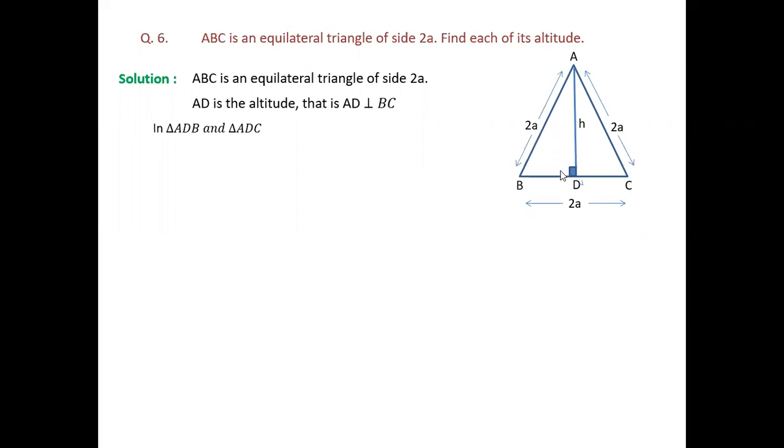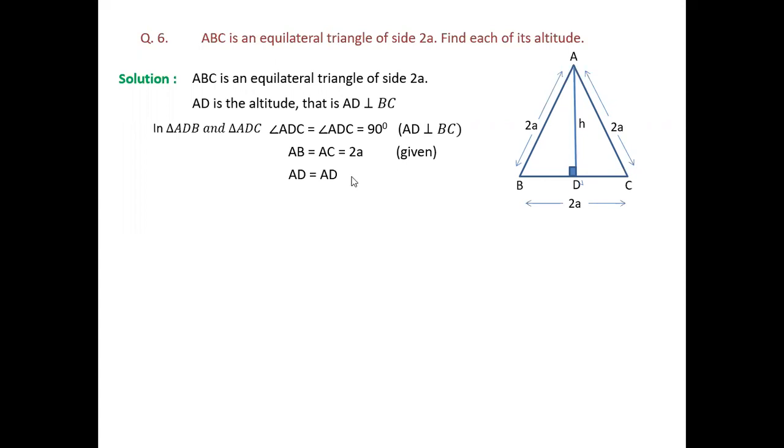We take these triangles, ADB and ADC. In these two triangles, angle ADB is equal to ADC, both are 90 each, because AD is perpendicular. Then, AB is equal to AC is equal to 2A. It is given, because they are sides of an equilateral triangle. And AD is common to both.